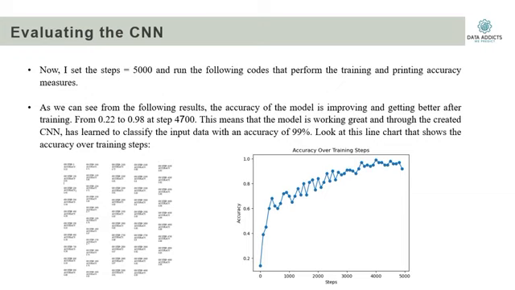This means that the model is working great, and the created CNN has learned to classify the input data with an accuracy of 98%. Look at this line graph chart below, and you can see that there's an increase in accuracy rates in our model, which is good.